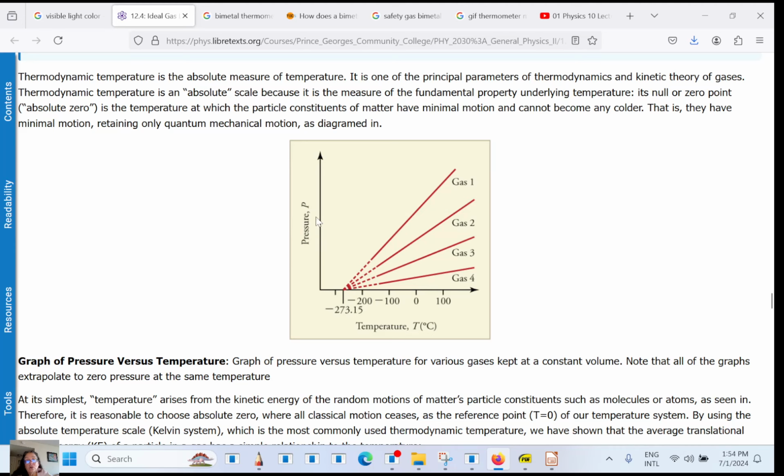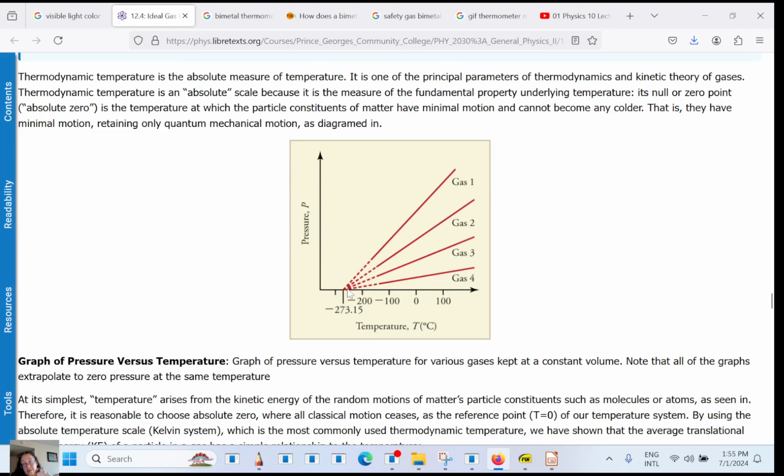You see that the pressure inside the gas, as you increase the temperature, is going to increase also. For a specific gas, if the pressure is multiplied by 2, for example, the temperature will be multiplied by 2. And you can do the same experiment for different gases.